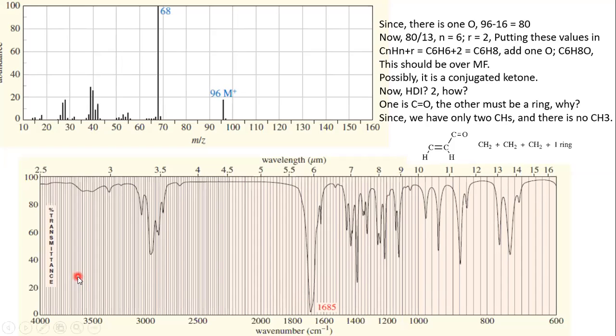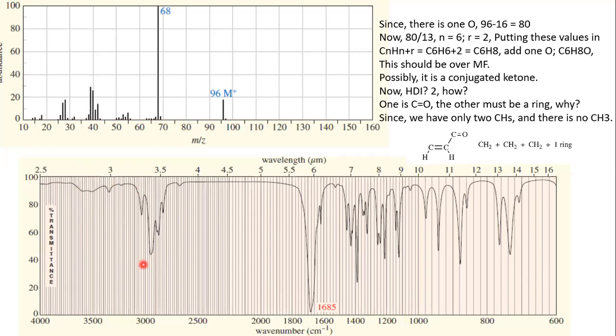Here this part tells us that we do not have a carboxylic hydroxyl group. So carboxylic acid is ruled out.